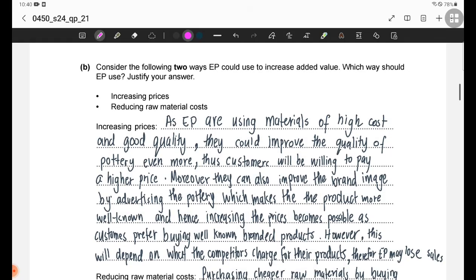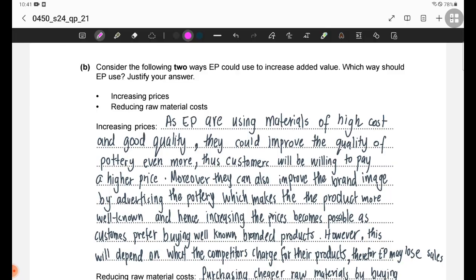So for increasing the prices, we have seen that EP already uses higher quality products, or higher quality materials, so they could improve that even more, which will allow them to increase their prices, and it will also make the customers still willing to pay a higher price because they trust EP.